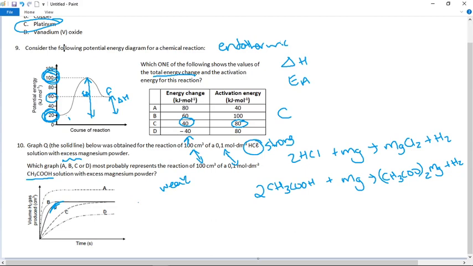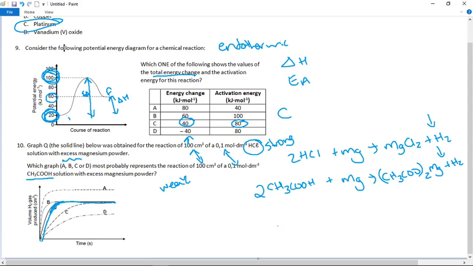Ethanoic acid is in equilibrium. So according to the balanced equation, the mole ratio is the same, so we will produce the same volume of hydrogen gas. So we're looking at a graph that should end up on the same completion line as graph B, because my initial concentrations of the acids are the same.